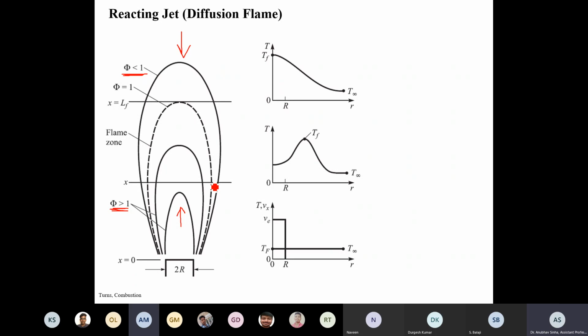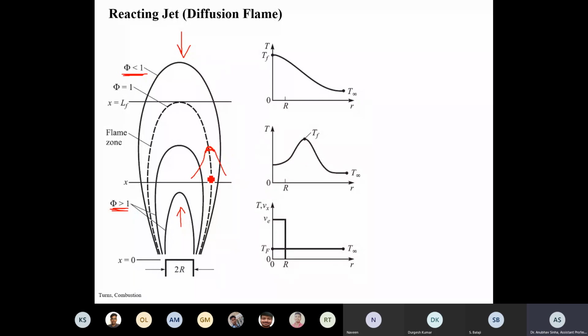Anyone? At phi equal to 1. Phi equal to 1 is where the flame is. So this is the maximum flame temperature. Then it will start falling towards the fuel, and it also falls towards the oxidizer. This is what we are seeing here. I'm not making a very good drawing, but this is how it should look.